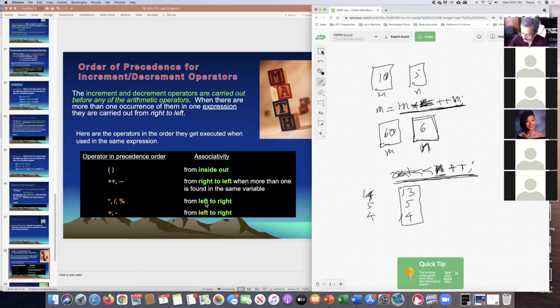If I have m equal to m times plus plus n, then obviously plus plus n will increment the n, and only after that the multiplication will be done. So the plus plus will be done before multiplication, division, or any of that. Only plus and minus will be the last one. So nothing more to memorize here because it's very clear.